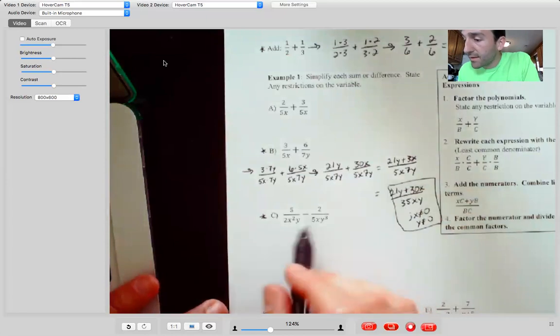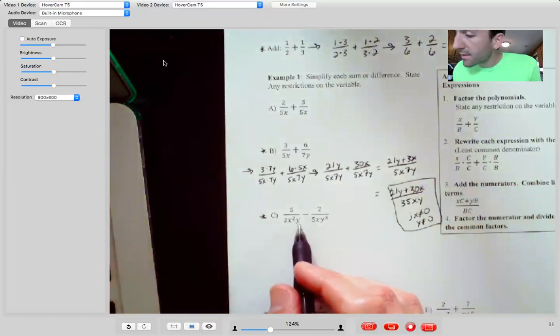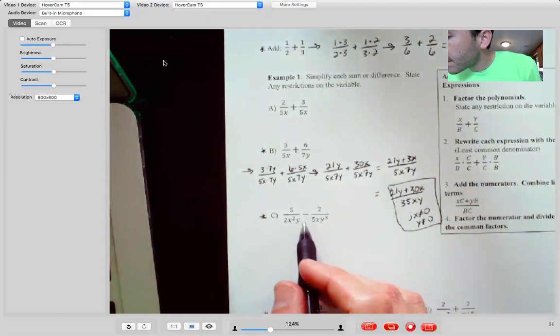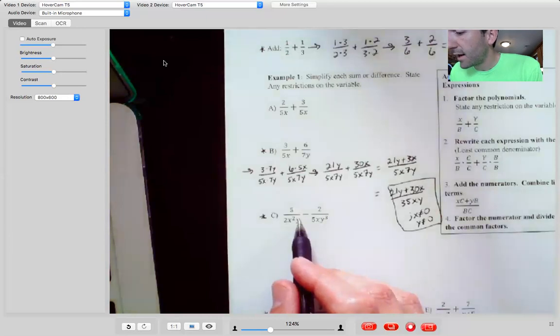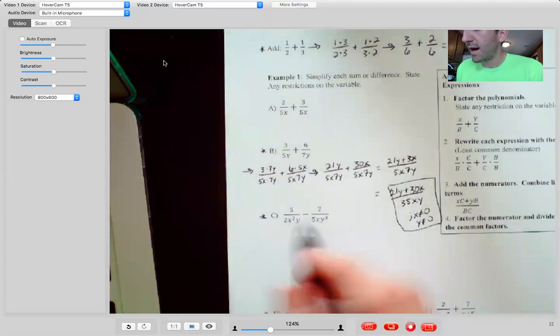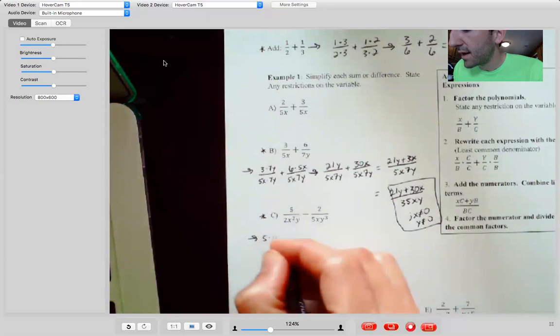On this one, it's a similar deal. We want to multiply this side by y squared, so that will become a y cubed, and then also by 5. So 5y squared on this side. So 5 times 5y squared.